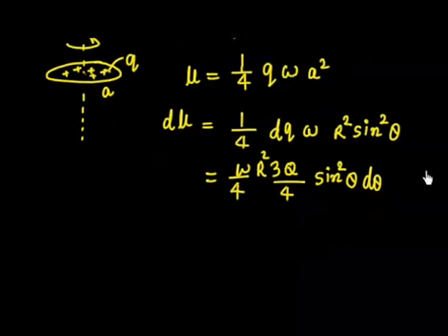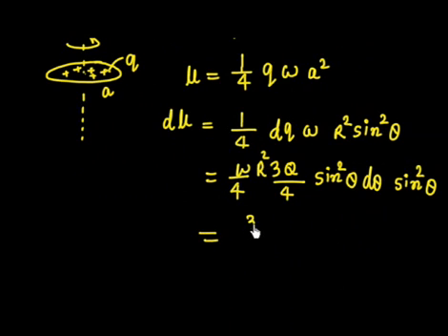So we will have sine 4 theta, this is again sine square theta. So I can write all the terms in one place. So this becomes 3 by 16 omega r square Q sine 4 theta d theta. Are you getting or not?